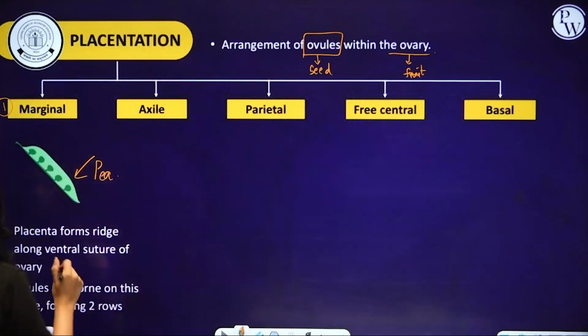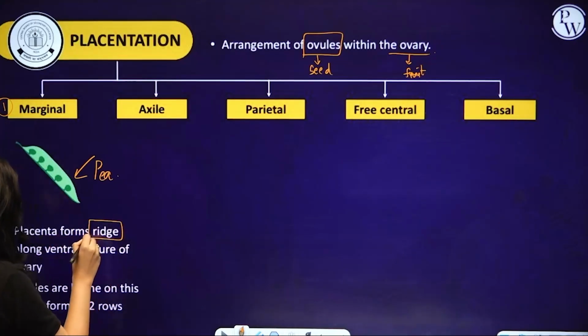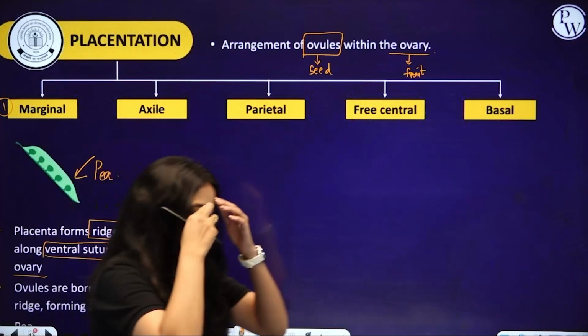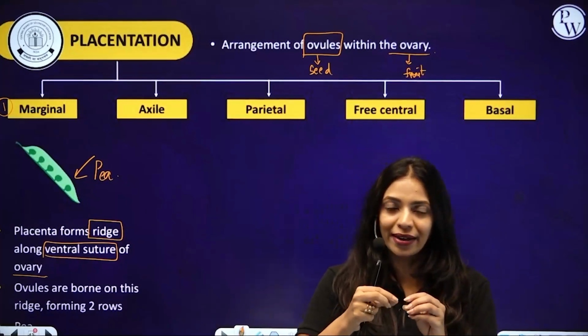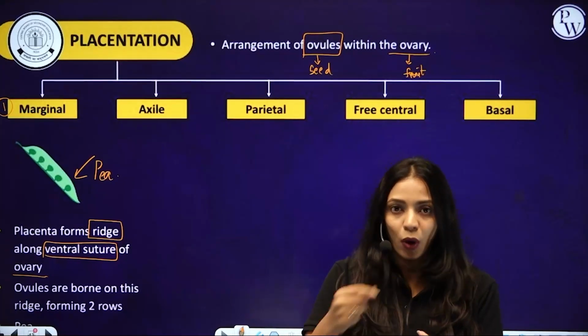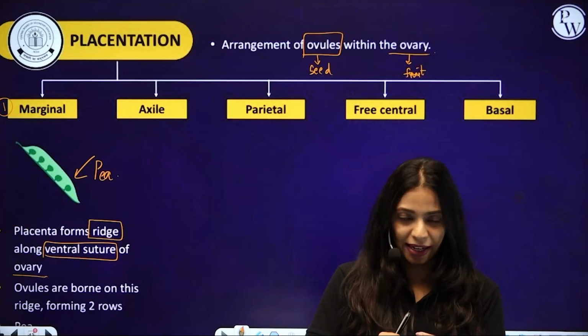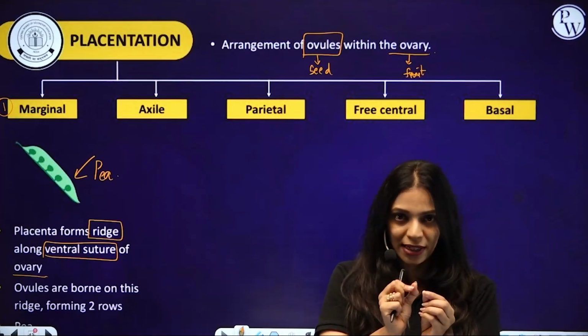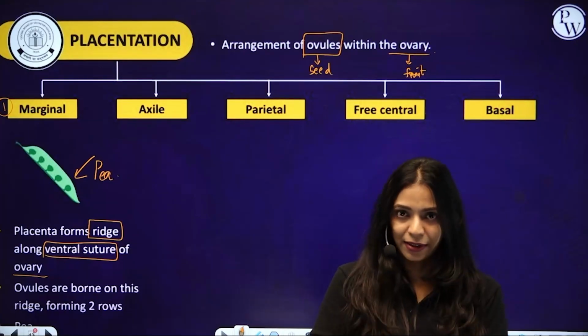So in marginal placentation, the placenta forms a ridge along the ventral suture of the ovary. Now, you know that it's very easy to peel the pea pod and remove the seeds in one direction, right? What we usually do is we just pop it and then there's a small slit that forms. We open it like that.